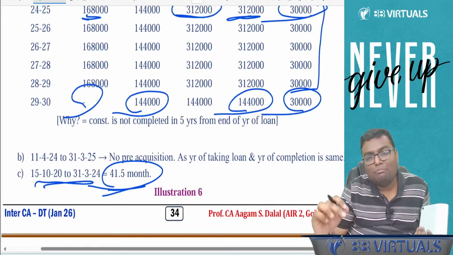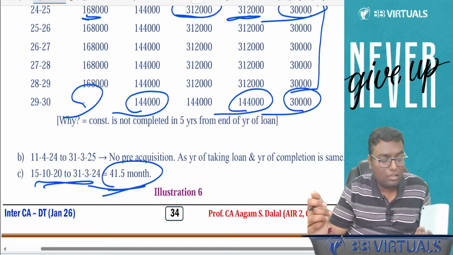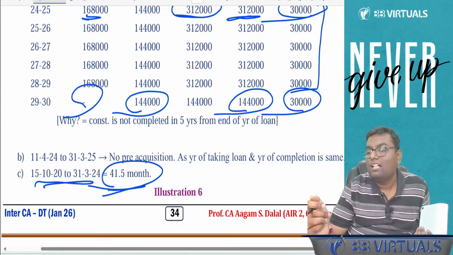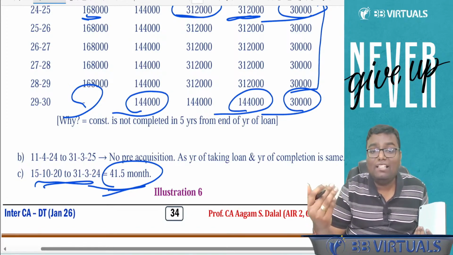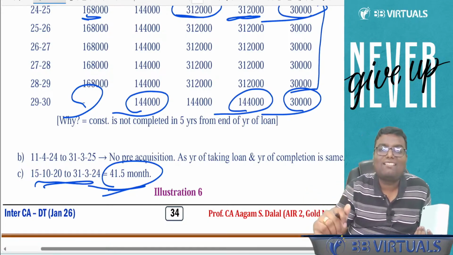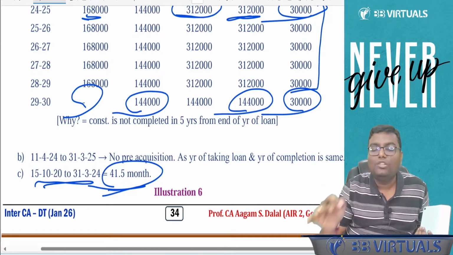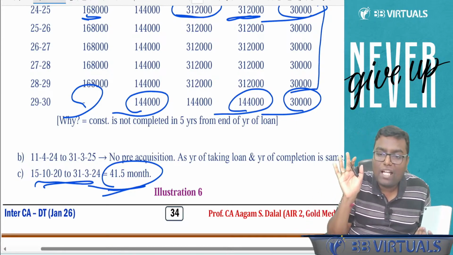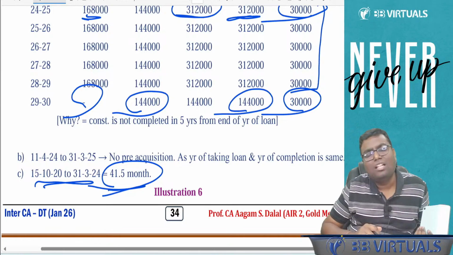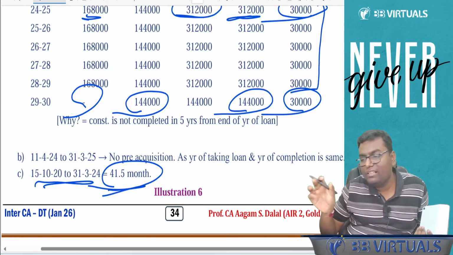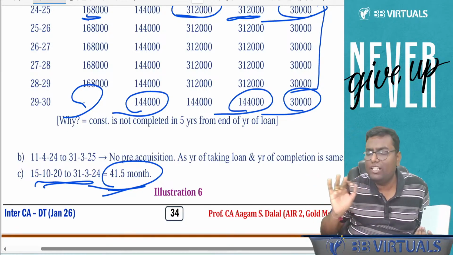Now let me tell you one simple thing by listening to which you will feel happy. ICAI generally doesn't tell you to calculate pre-construction interest. It will directly give you the total pre-construction interest amount. You are just supposed to bifurcate the given interest into 5 years and amortize.